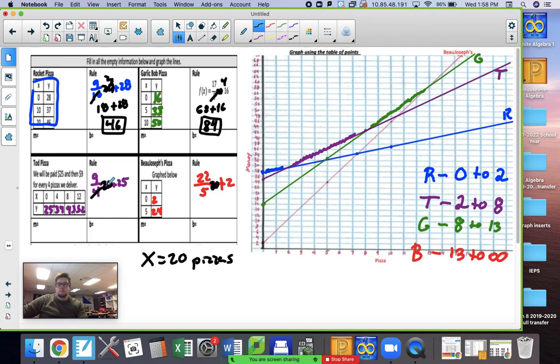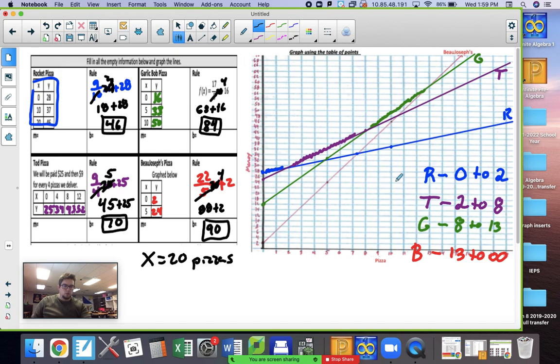Todd Pizza, 20 divided by 4 is 5, so that gives us 45 plus 25. That gives us 70. $70 for Todd Pizza. And last but not least, 4 times 22 gives us 88 plus 2. We would make a grand total of $90.